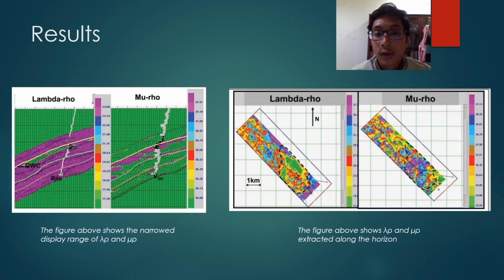Again, the coincidence of low Lambda-Rho and high Mu-Rho along horizon A indicates that a gas saturated sand has been successfully identified.